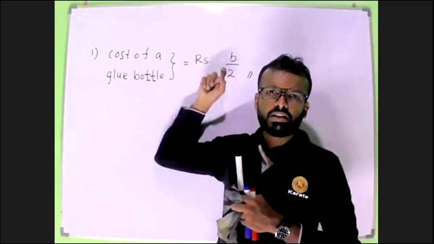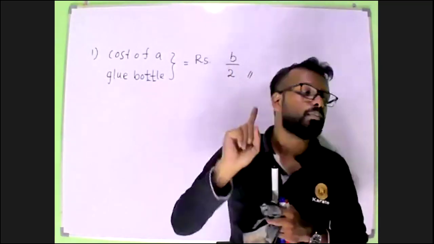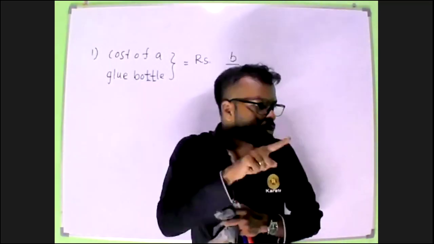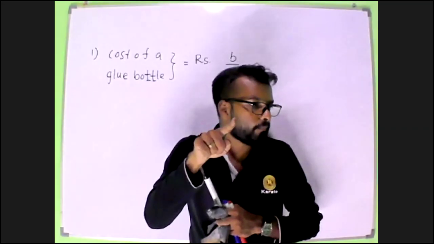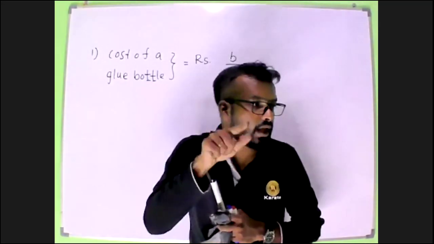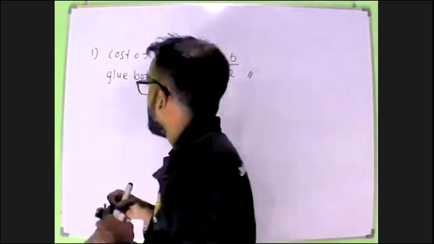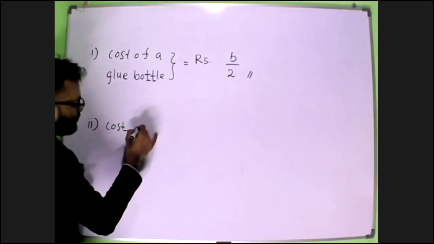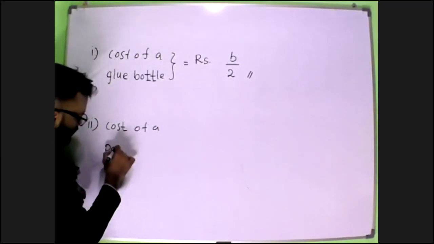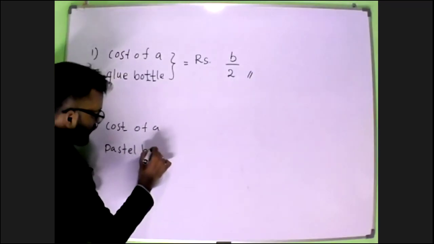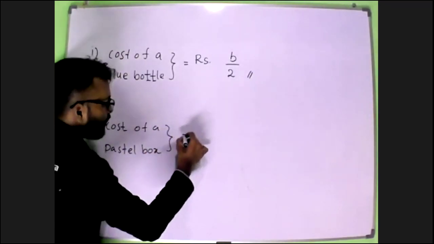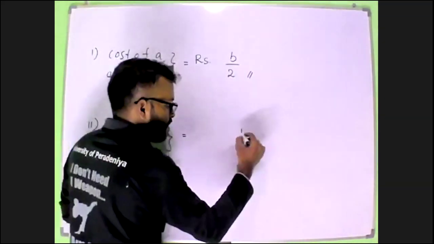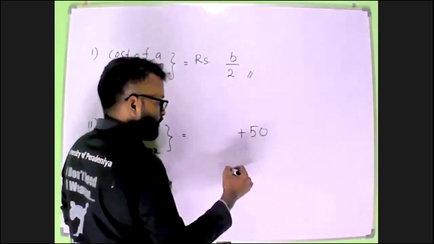This is also an algebraic expression, but the previous one, B divided by 2, has one term. The cost of a pencil box is 50 rupees more than a drawing paper.